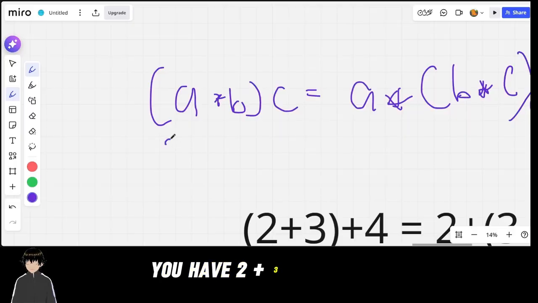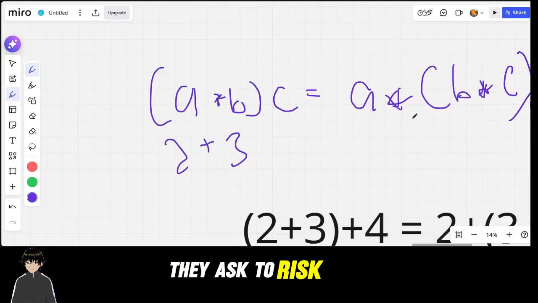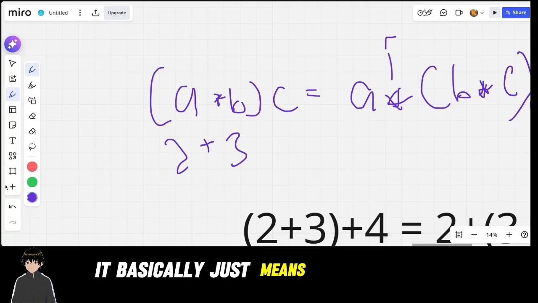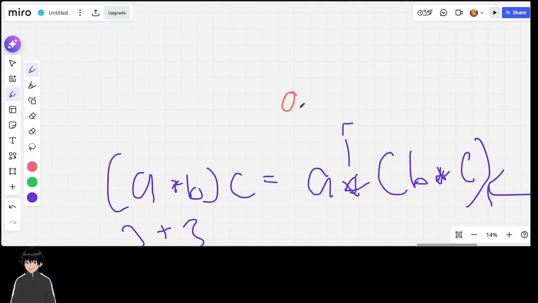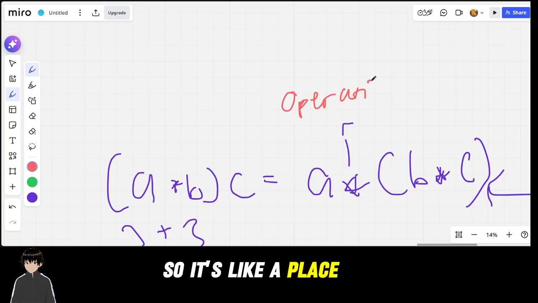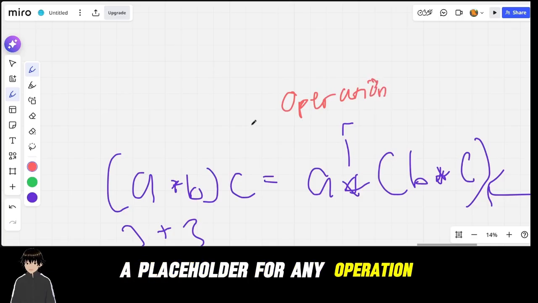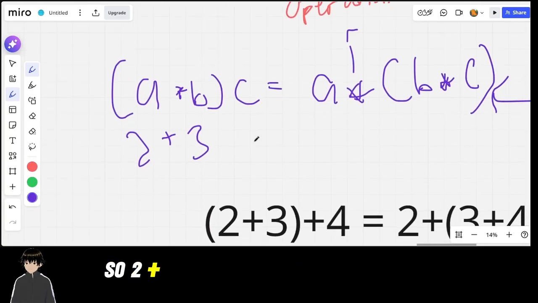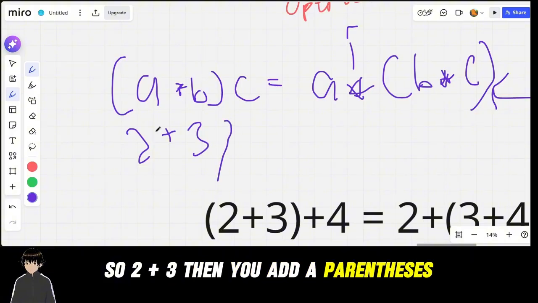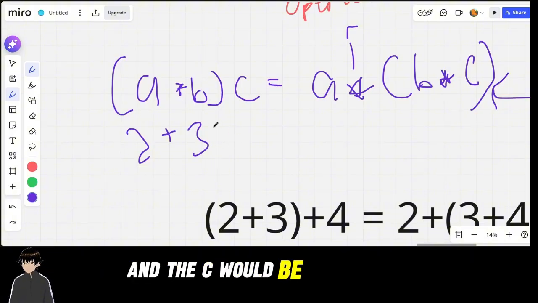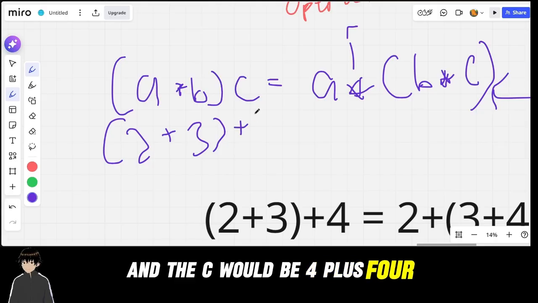You have 2 plus 3. By the way, the asterisk basically means any operation. It's a placeholder for any operation.